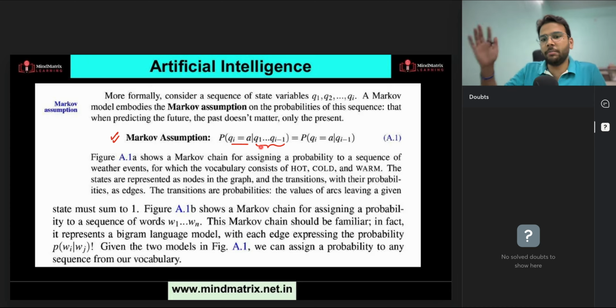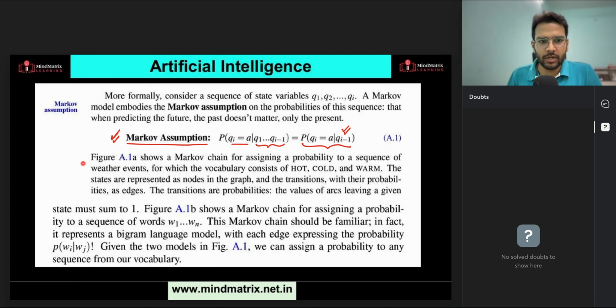Instead of considering all the previous states, you are just going to consider the current state. If you are present at state I-1 and I is your next state, that is all that matters. The current state is all that matters; the previous states do not matter at all. This is the Markov assumption.